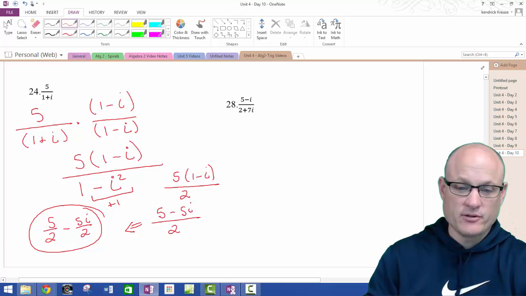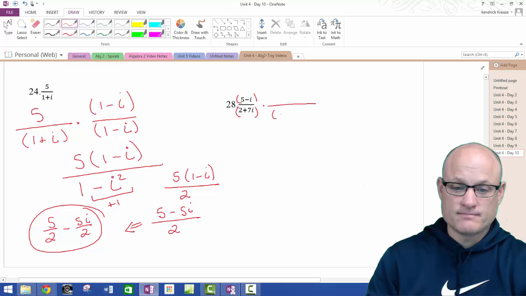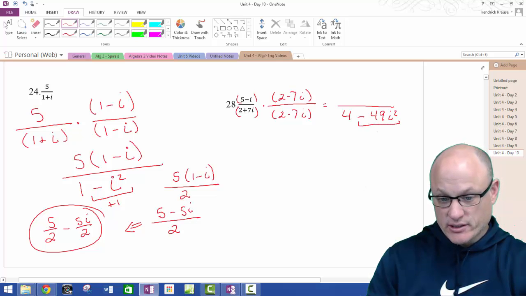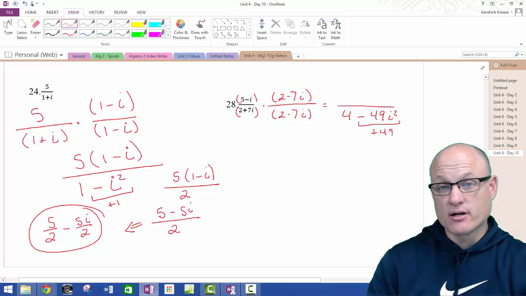Last problem of these. All right, the conjugate of 2 plus 7i is 2 minus 7i. So in the denominator, I get 4 minus 49i squared, but that's really plus 49. In the numerator, I got all the work to do.